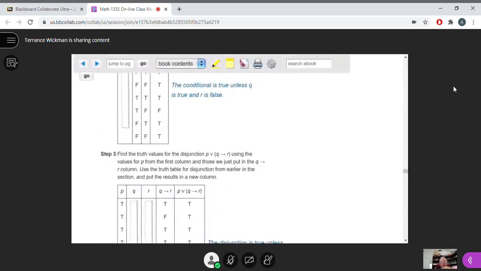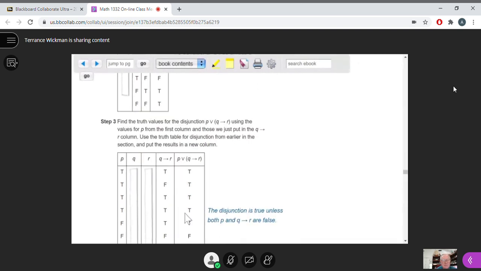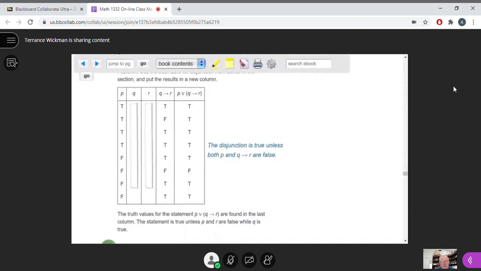Not really something to be taught. You just have to understand it and be able to put the parts together. Now you know when you have the conjunction with this little thing like this upside down, that's an or. That's always true. If one part is true, that's what the or stands for. Unless they're both false. So if it's false, then it's false.